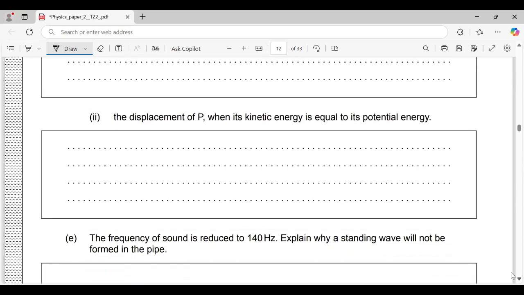We are going to calculate the displacement of P when its kinetic energy is equal to its potential energy.